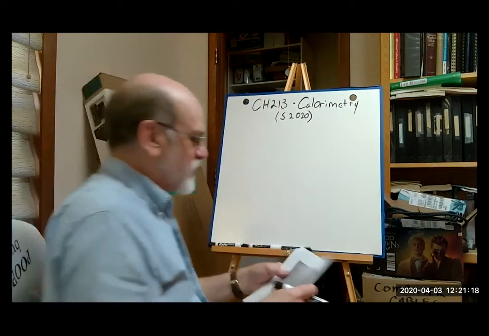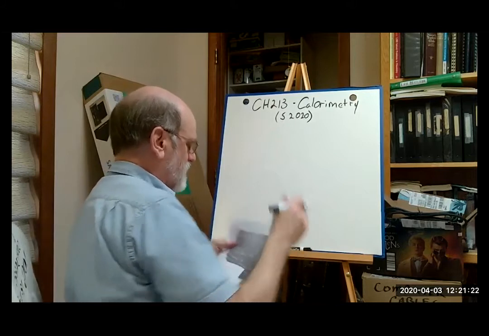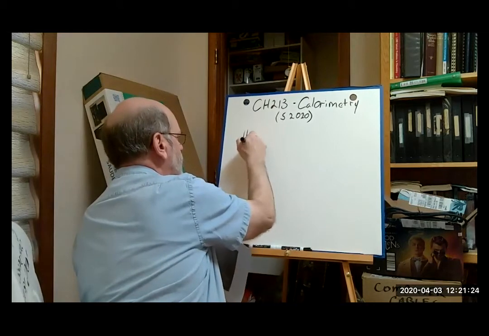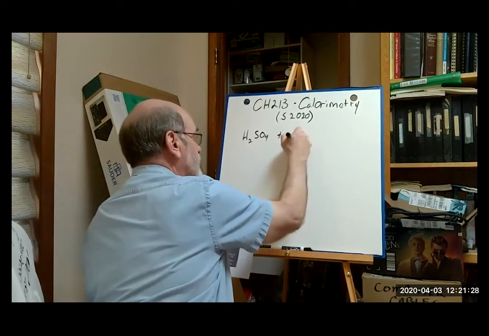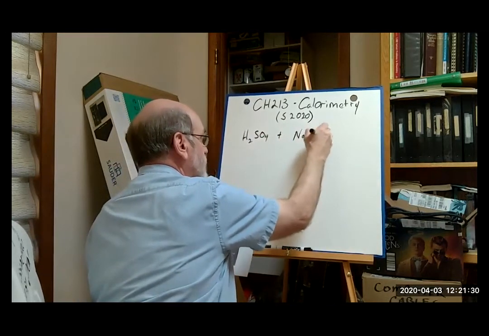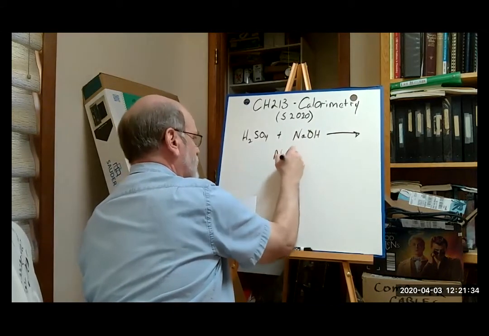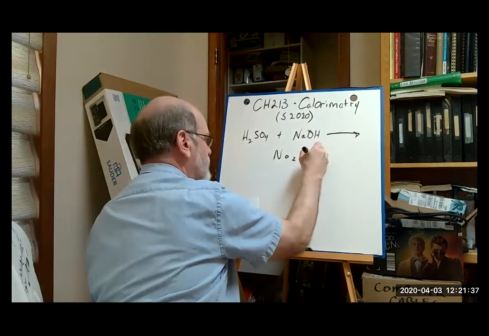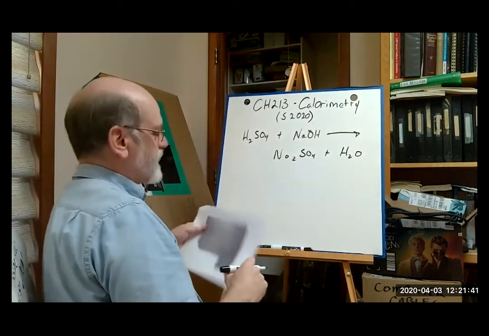For an acid-base reaction, remember, we're going to put together H2SO4, sulfuric acid, and sodium hydroxide, and it's going to produce sodium sulfate plus water. But we need to balance that equation.